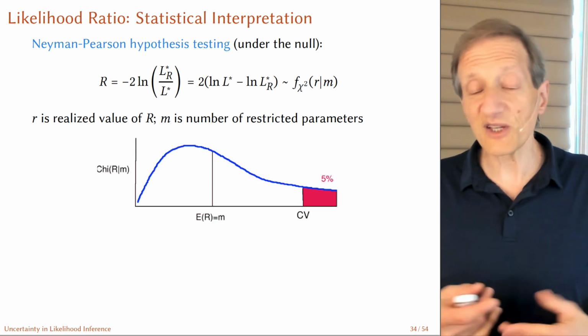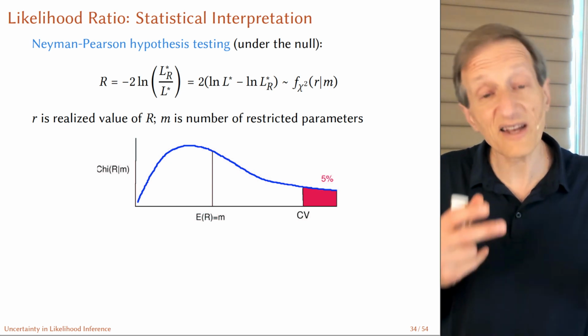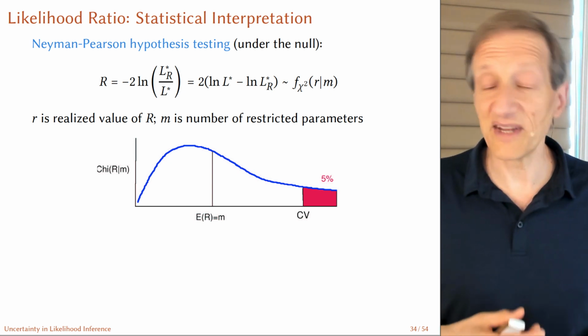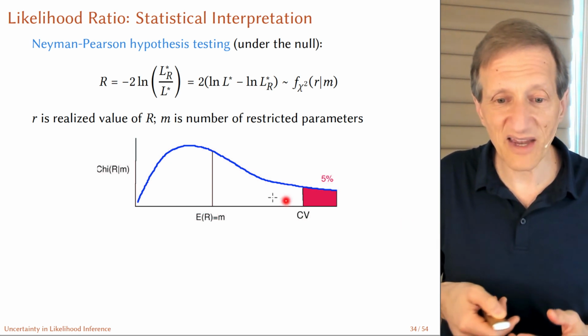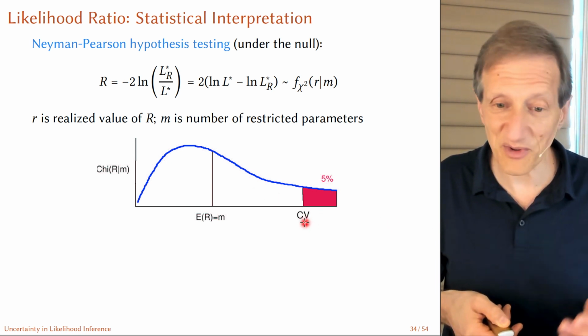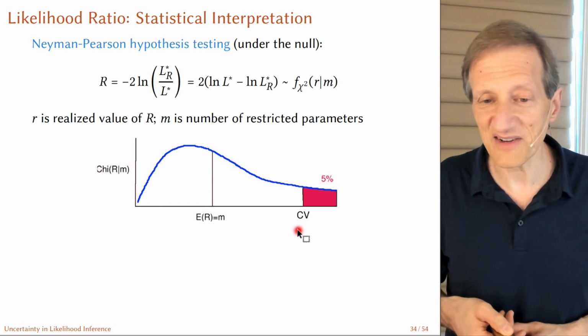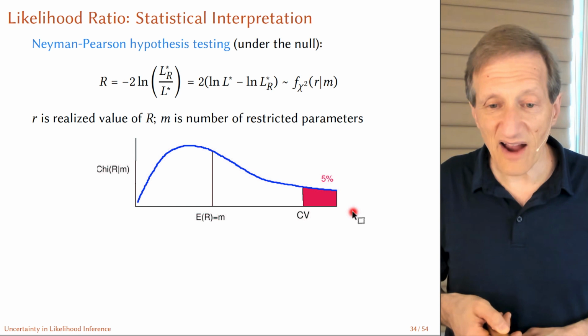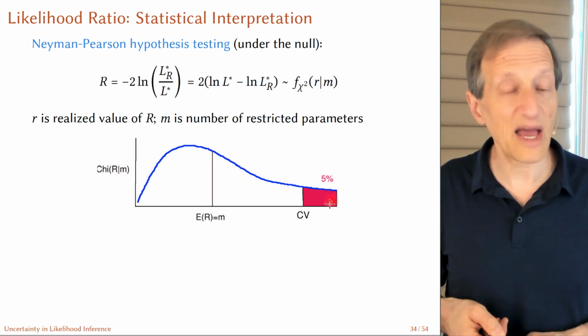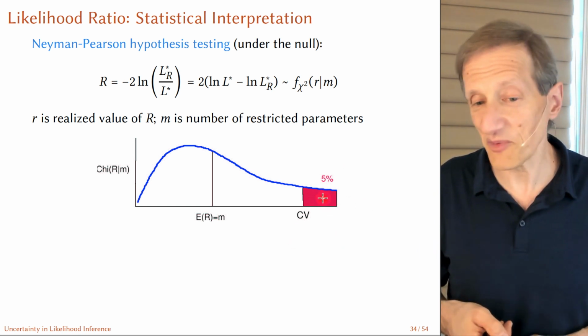So here's what it looks like. This is what a chi-square distribution looks like. It's skewed to the right. It's asymmetric. There's a critical value that we would calculate, just like we did for the simple case of a difference in means test or regression coefficient. We calculate this by choosing a type 1 error rate, in this case alpha equal 0.05 again.